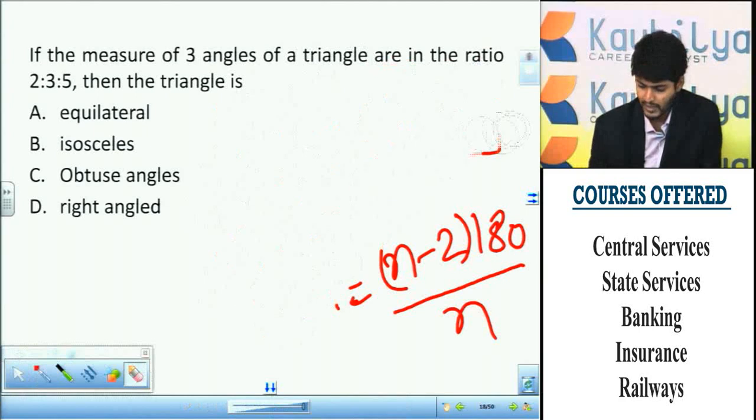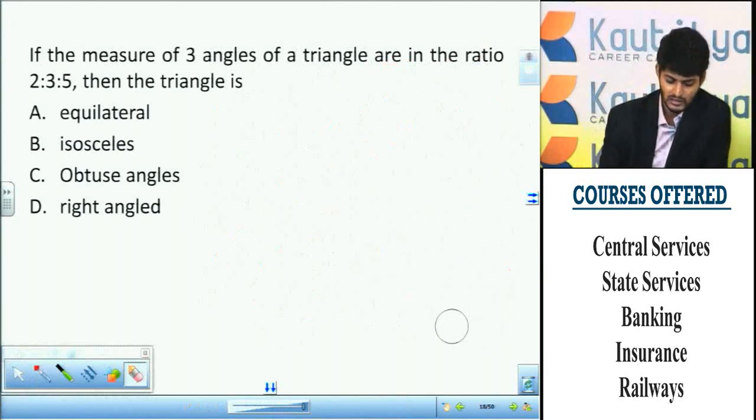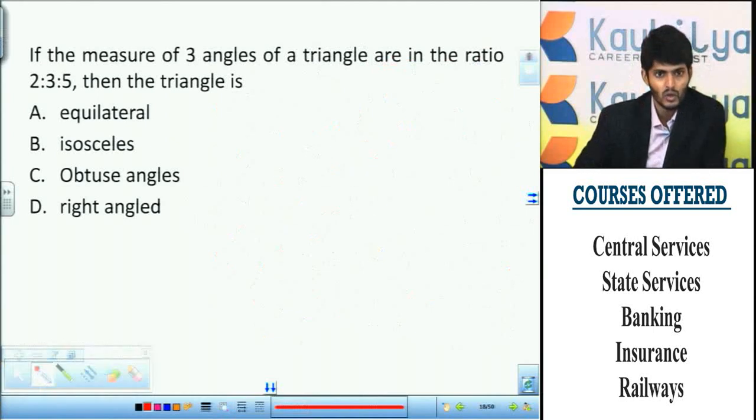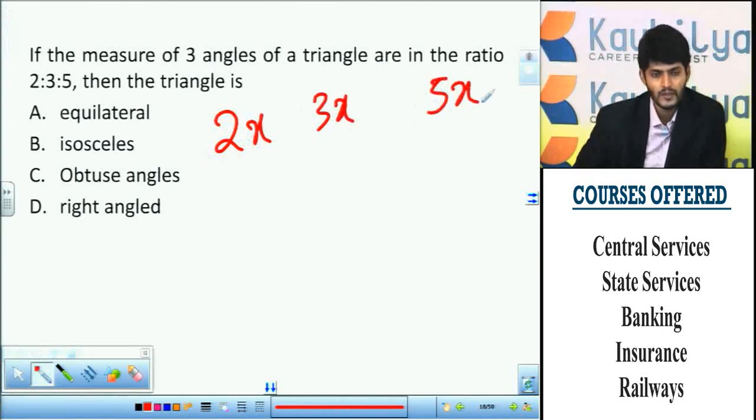Okay, so let us come back and discuss this problem. This problem tells me that the three angles of a triangle are in the ratio 2, 3 and 5. So you can clearly say one is 2x, the other is 3x, the third is 5x.